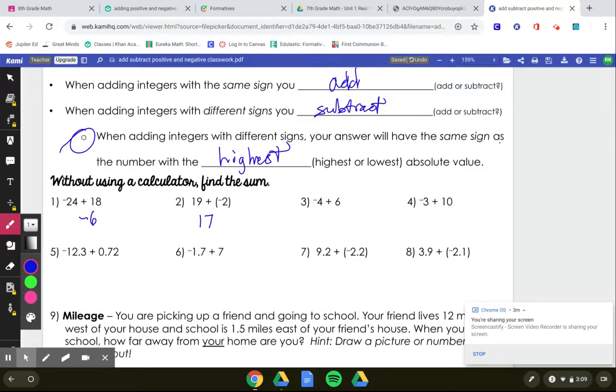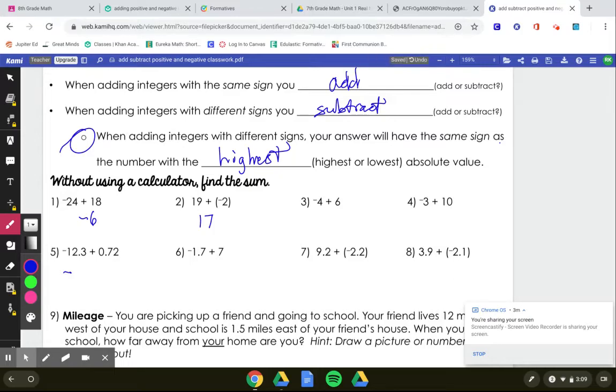Number 5, we have a number with a decimal. The rules still apply. Negative 12.3 plus 0.72. We have a negative and a positive, so we subtract and keep the sign of the number with the highest absolute value. Between negative 12.3 and 0.72, negative 12.3 has a higher absolute value, so our answer is going to be negative.